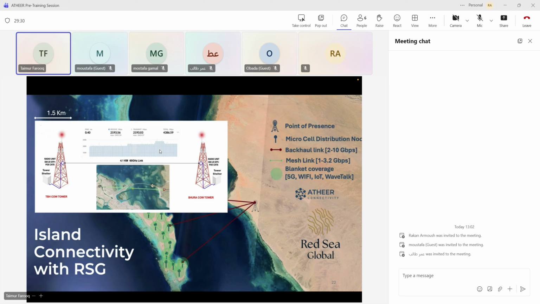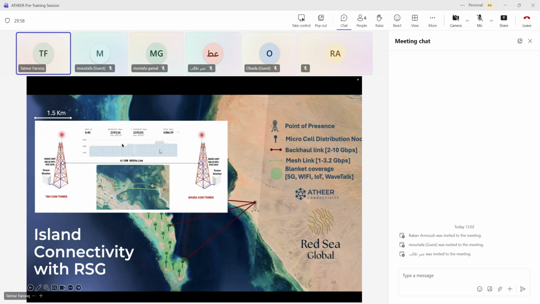A test for any wireless technology is to test it over the sea, over water, because there you will feel environmental effects like high humidity, rain, and also ducting, which is very difficult for any wireless network to cater for. These links are providing 2,193 Mbps on downlink and 2,193 Mbps on uplink.